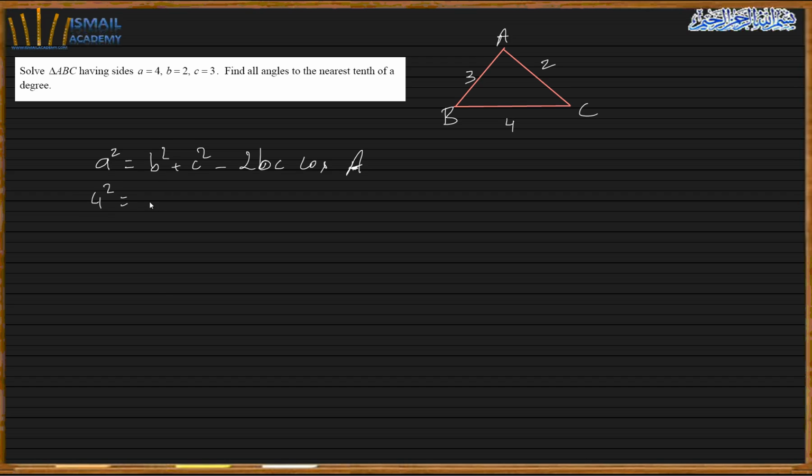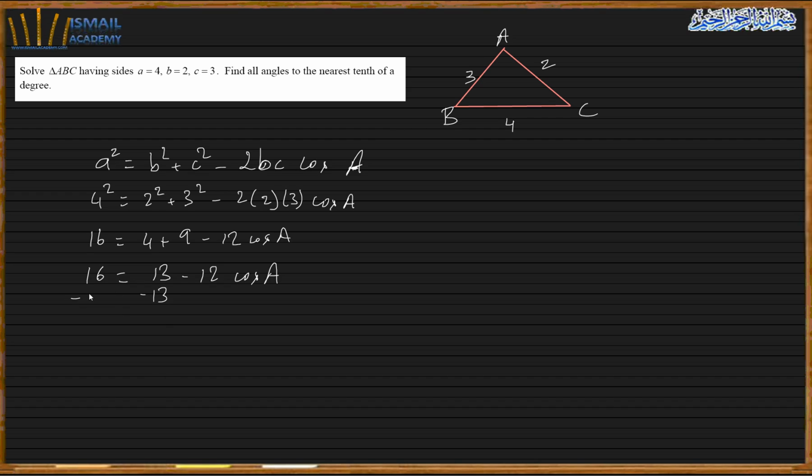So it's going to be 4 squared equals 2 squared plus 3 squared minus 2 times 2 times 3 cosine of A. In that case, I'll have 16 equals 4 plus 9 minus 12 cosine of A. Here this is 13, so 16 equals 13 minus 12 cosine of A. Now I subtract 13 from both sides.